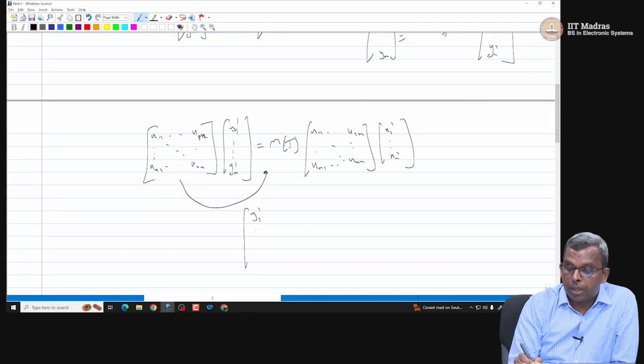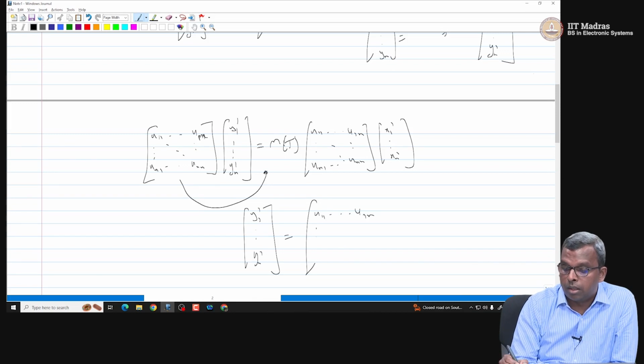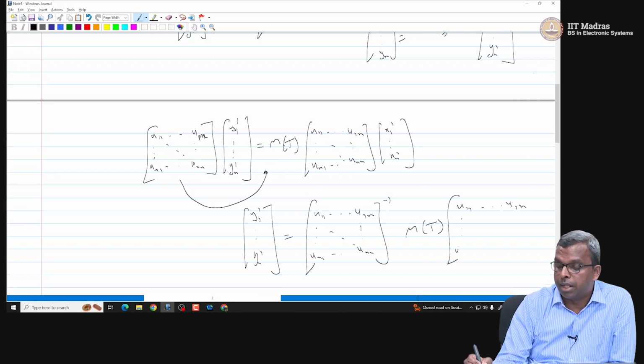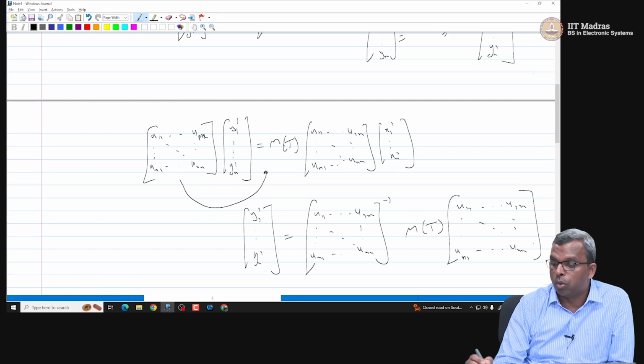So you will get y1 prime to yn prime, multiplying both sides on the left with the inverse of this matrix, u11, u1n, un1, unn inverse, times m of t times the same matrix, the basis matrix. You can call it the basis matrix if you like, the matrix whose columns are the original basis vectors.